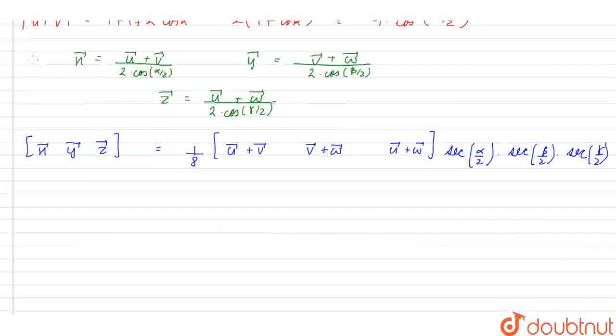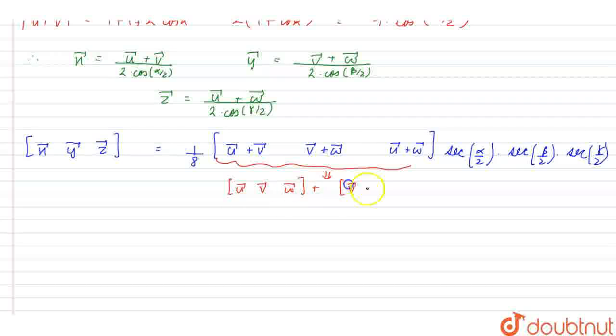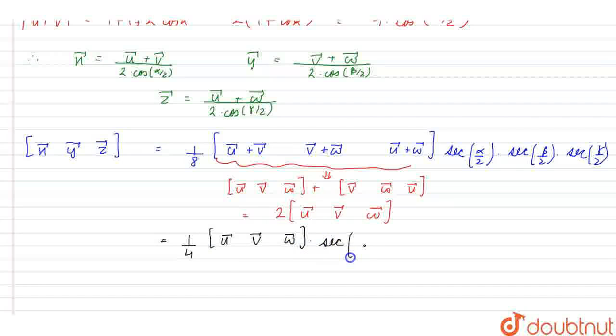Now this scalar triple product part is equal to u vector, v vector, w vector plus v vector, w vector and u vector. So this will ultimately be equal to twice of the triple product of u vector, v vector and w vector. So this expression becomes equal to 1 upon 4 scalar triple product of u, v and w multiplied by sec alpha by 2, sec beta by 2 and sec gamma by 2.